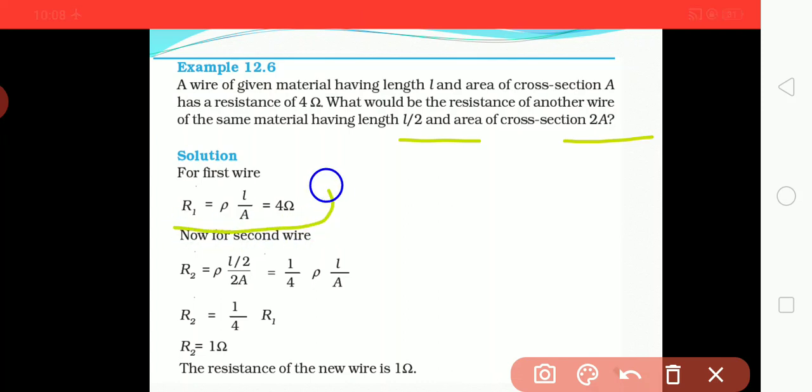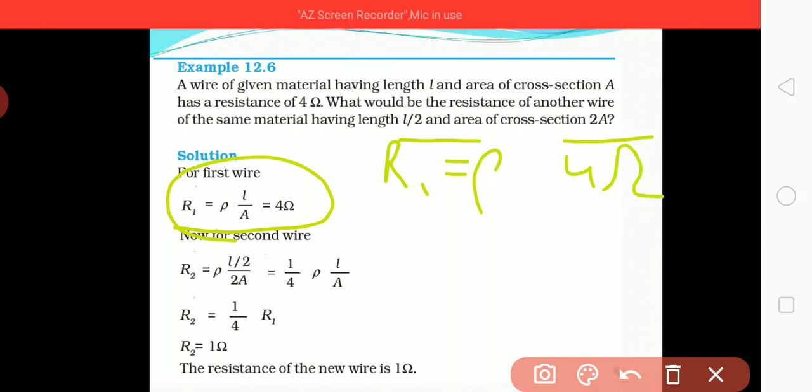So in the first case we are given that resistance R1 is equal to 4 ohm, and we have a formula rho L upon A.